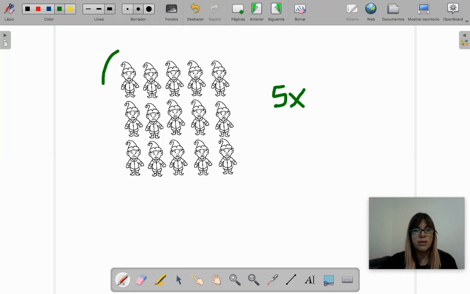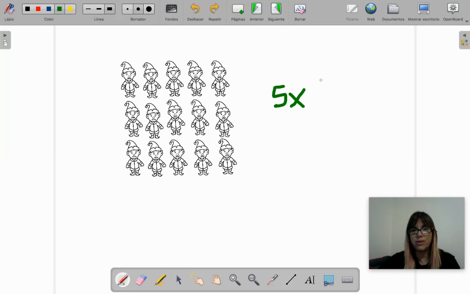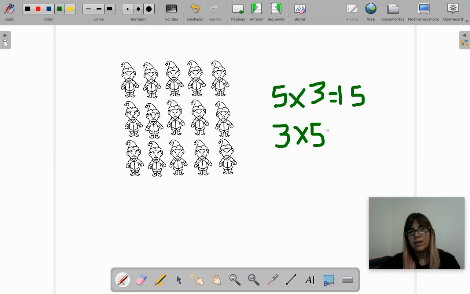Times, how many elves do we have on the side? Exactly, we have 3. So you see, so easy. 5 times 3, and you know the times table's 15. Or you can do the times table of the 3, just turn it around. 3 times 5 equals 15. Okay?